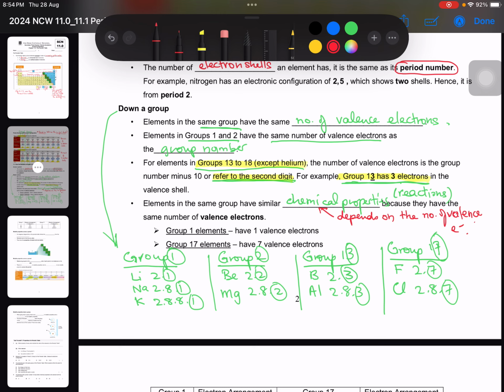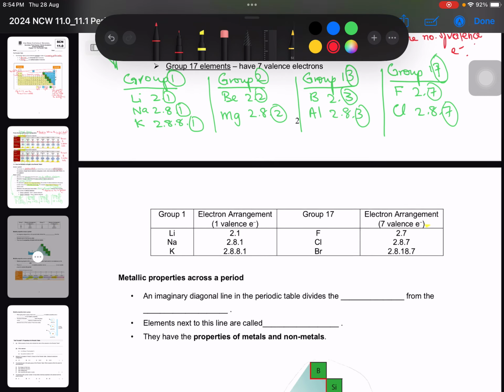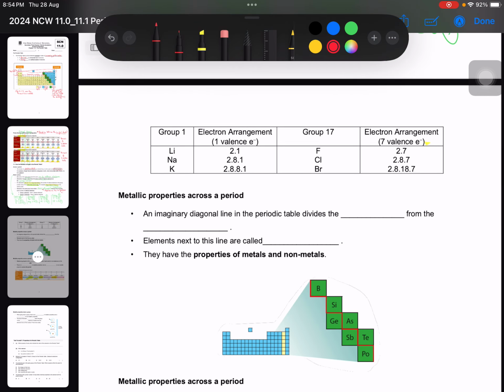Okay, now next. Similar to what we just talked about, here we are just going to revise. We just said that if it is group 1, then they will all have one valence electron, which is shown here, 1, 1, 1.